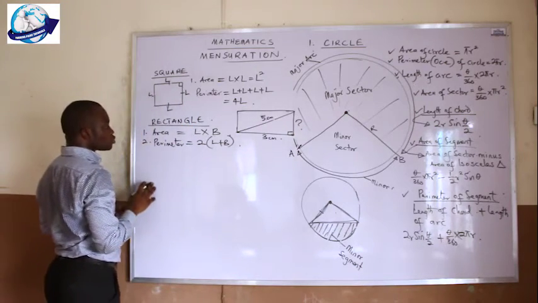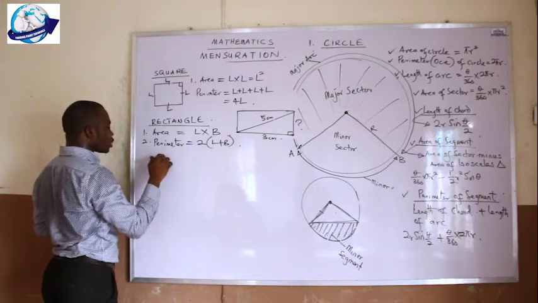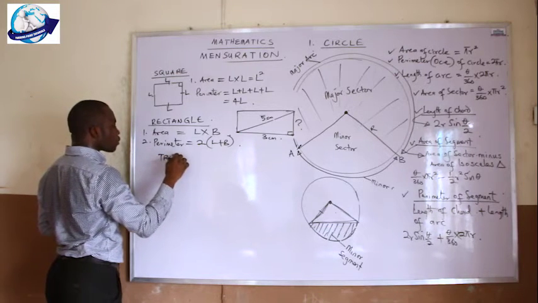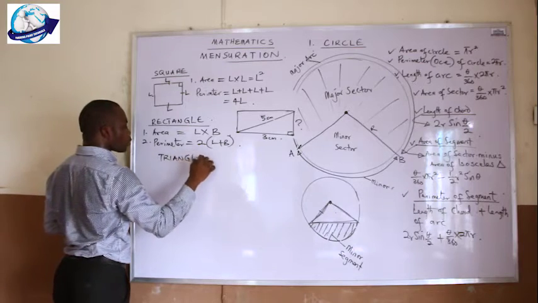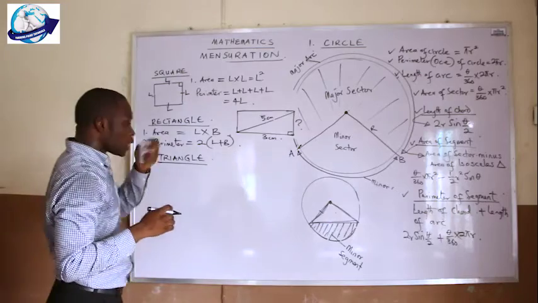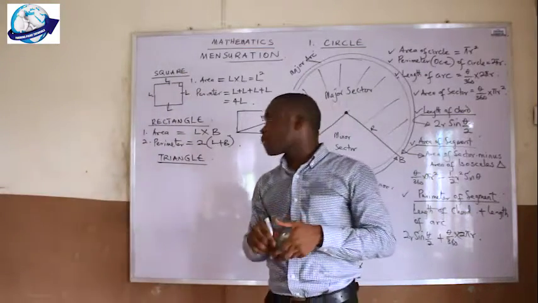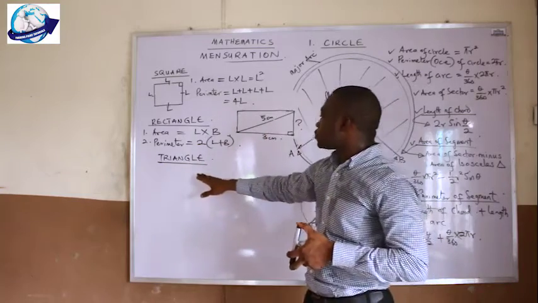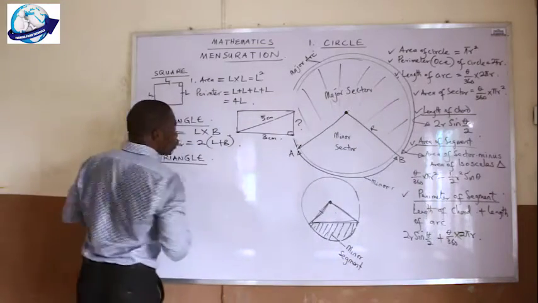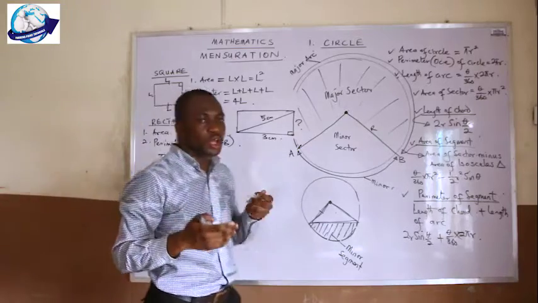So now let's take triangle. Triangle is another plane shape that we need to consider. This shape is very special because we have different forms of it. We have basically 4 types of triangle.